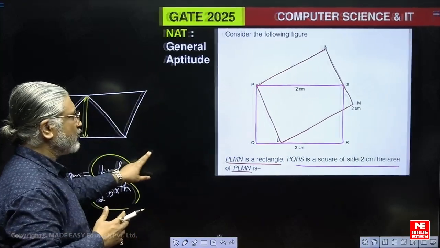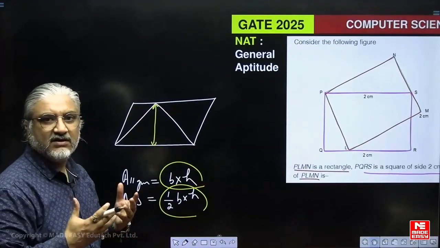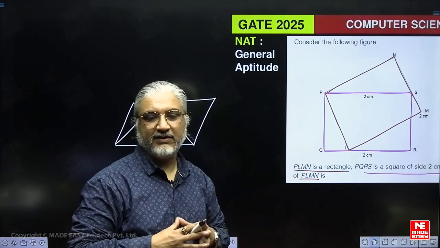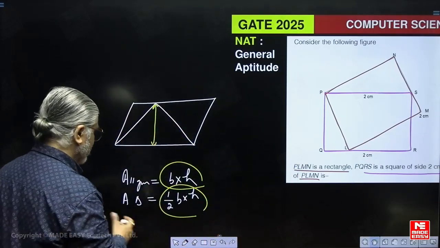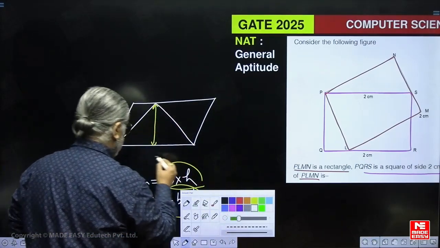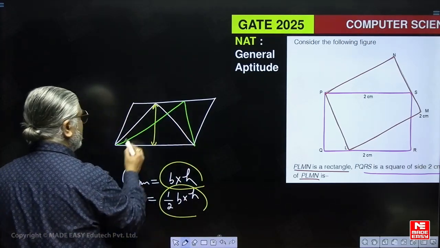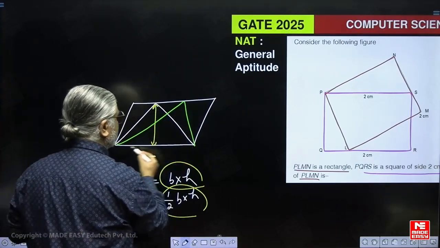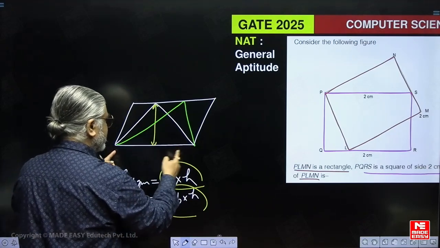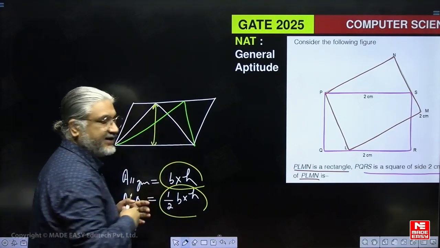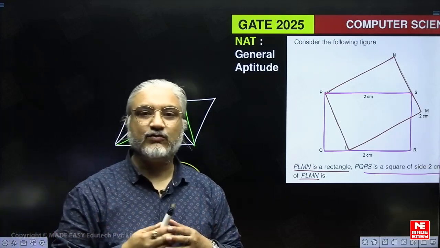Moreover, if we have a triangle and another triangle on the same base and between the same parallels, they will be equal in area. This white triangle and this green triangle have equal area. They stand on the same base, the base is the same and the separation between the parallel lines is also the same, so their height is the same. So they will have equal area.